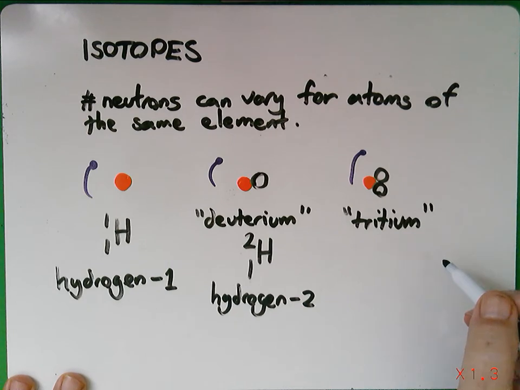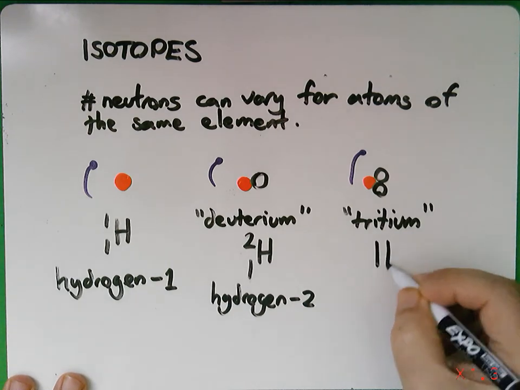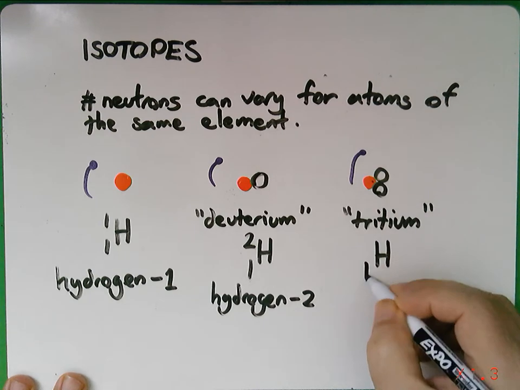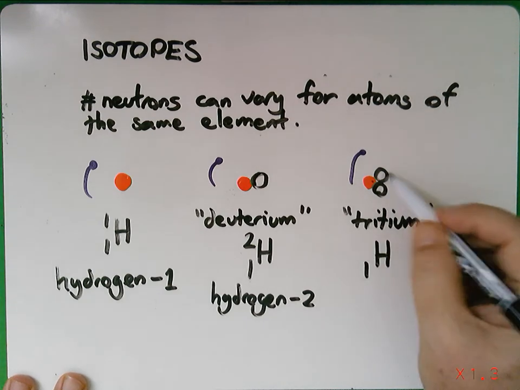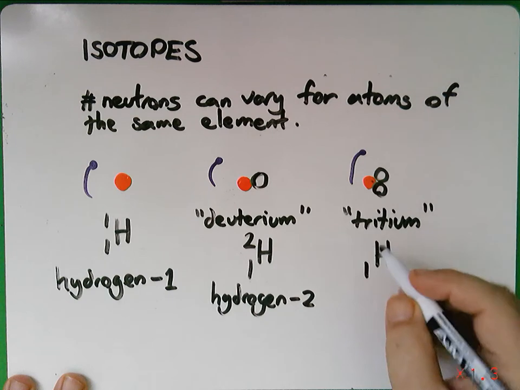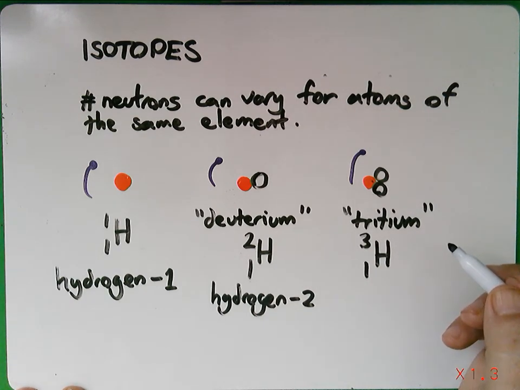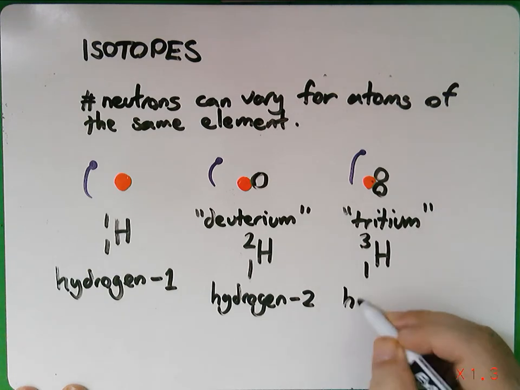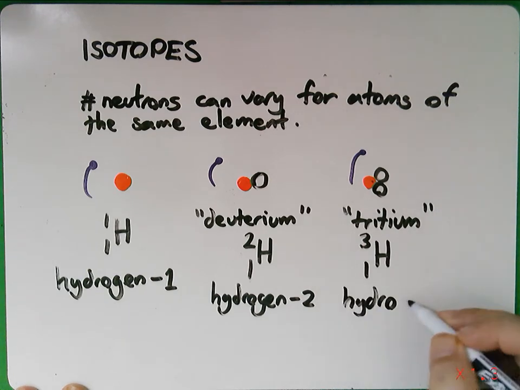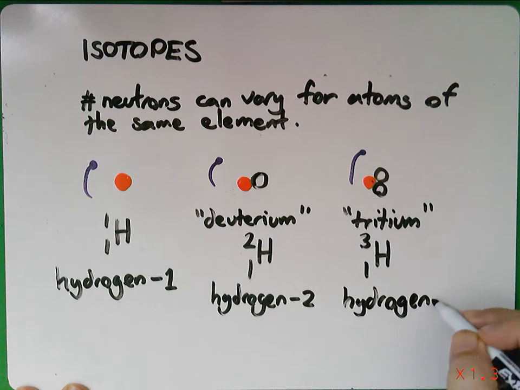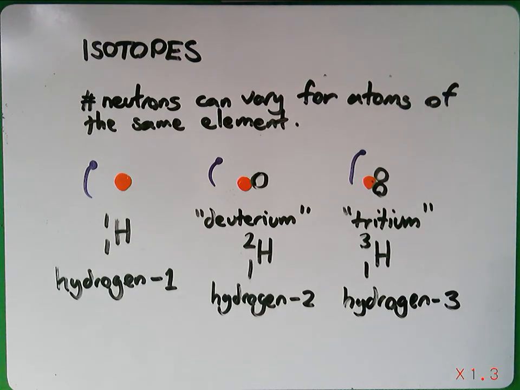If we wanted to write a nuclide symbol for it, it's still hydrogen because it has atomic number 1. It has mass number 3 because there were a proton and 2 neutrons. And we name it hydrogen 3 because that's the mass number 3. Okay, so those are 3 different isotopes of hydrogen.